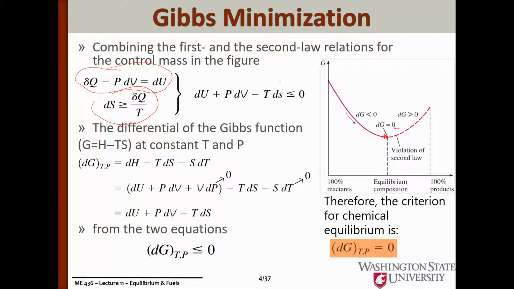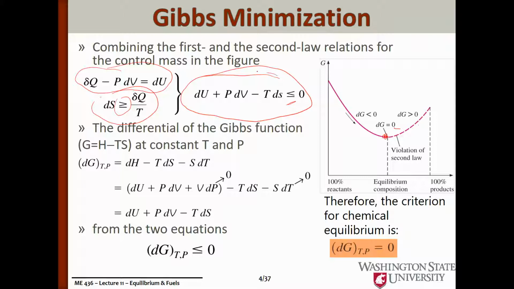Well, if we combine those two together, we get the Gibbs free energy. And you're actually subtracting this TdS term, so that's what changes the sign from a greater than or equal to a less than or equal to, and changes shape from a mountain to a cup.